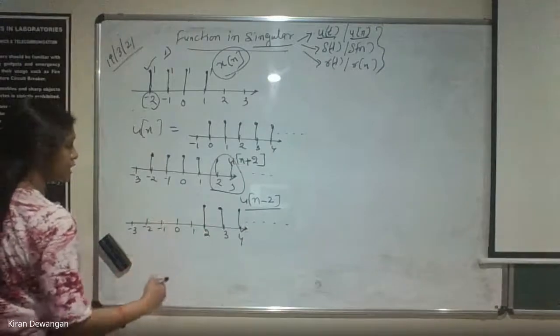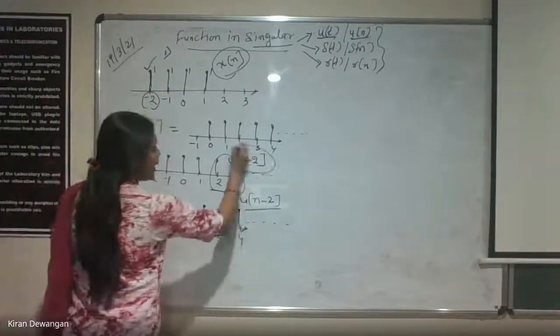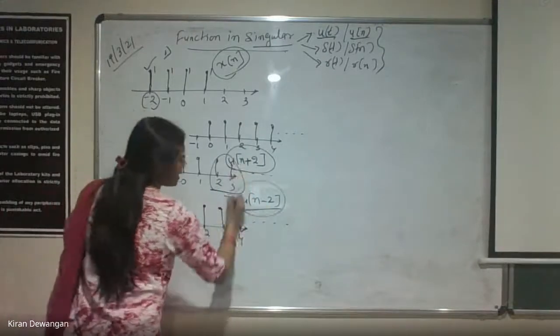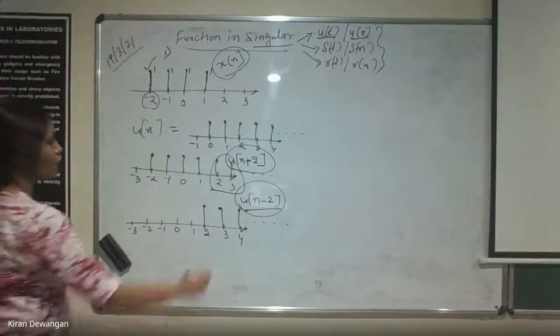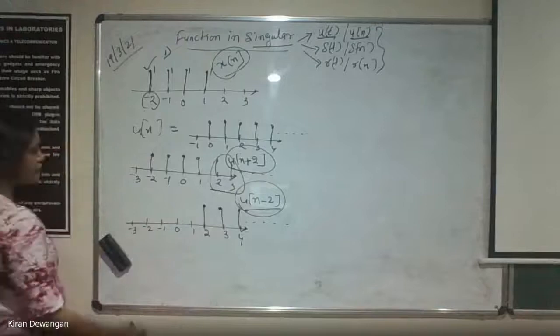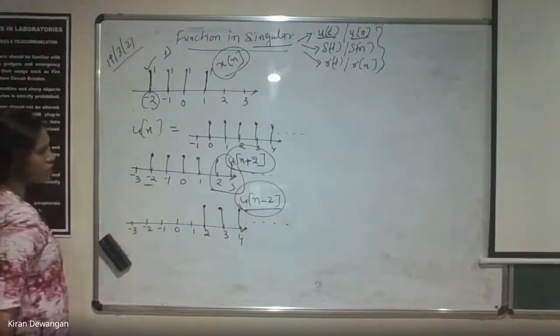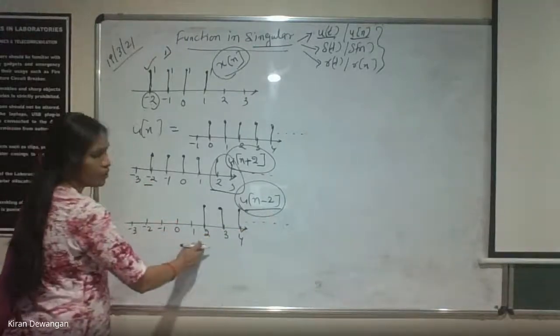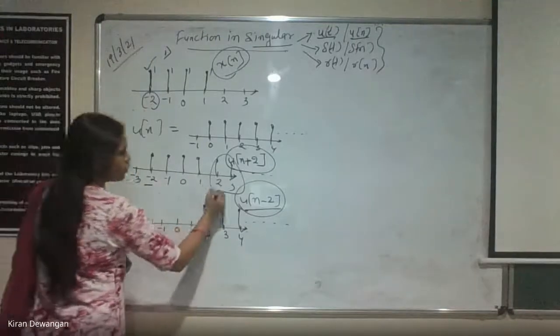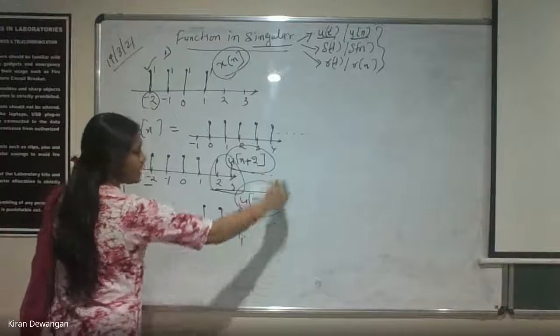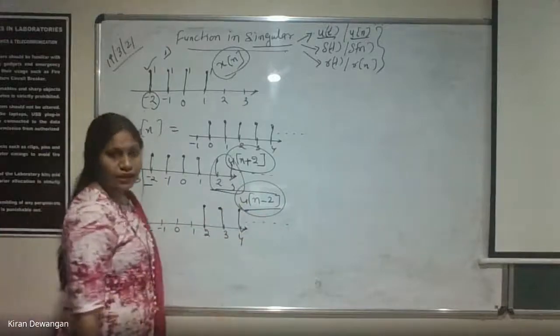Now, if I subtract, that is u of n plus 2 minus u of n minus 2, what will I get? u of n plus 2 will have the value from minus 2 and u of n minus 2 will have the value from 2. That is from 2 onwards, सारे values इसके 0 हो जाएंगे. Correct?